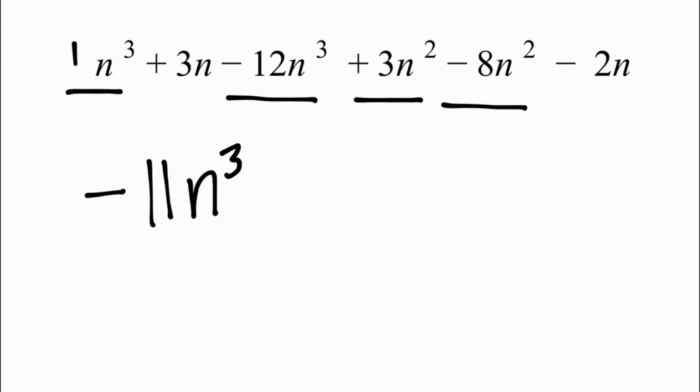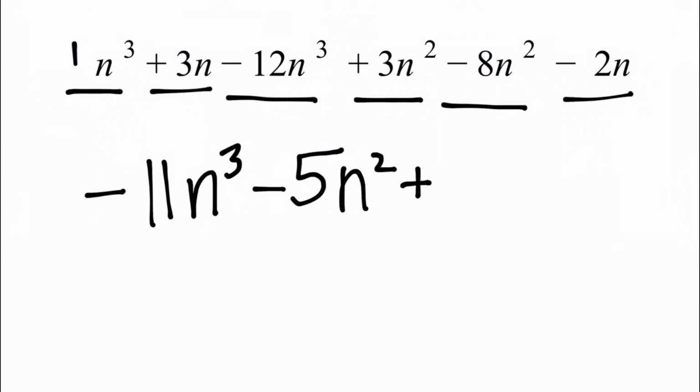So 3 minus 8 is negative 5n squared. And then we have 3n minus 2n, and 3 minus 2 is 1, so plus n. Okay, hope you got it. Feel free again to pause and review them again.